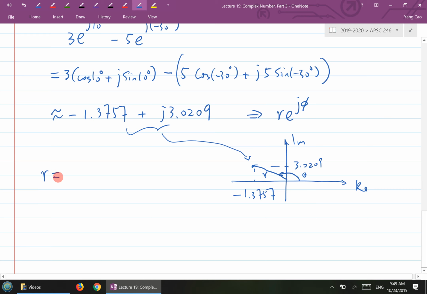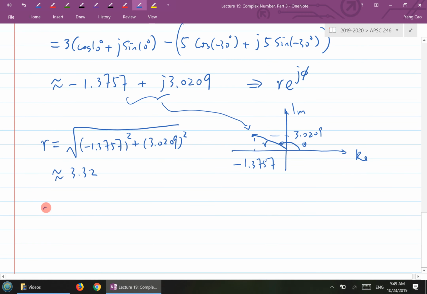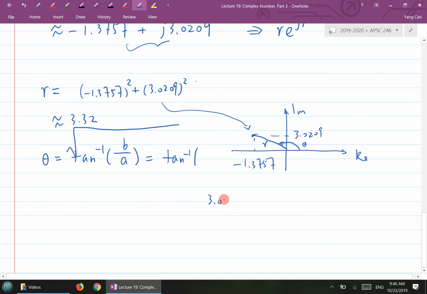And r here is basically the magnitude of this complex number, and that gives us approximately 3.32. And the theta here is this angle here. The formula is inverse tan of b over a, which is what? b here is this b. What happened here?